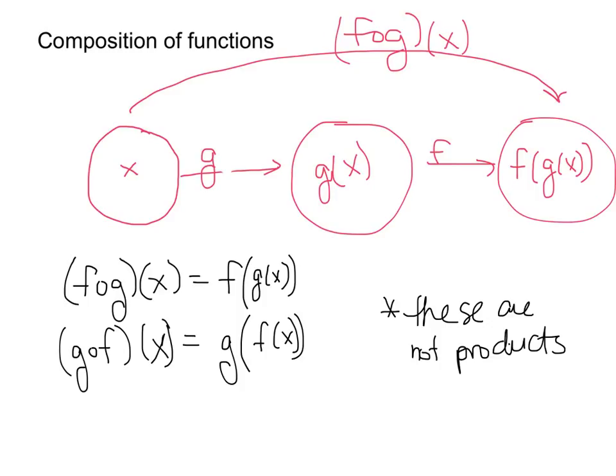So we'll look at some examples. We're going to start with some examples that are maybe a little bit weirder, and then we'll move into some more typical ones. So our first example is we are going to do some composition with sets.